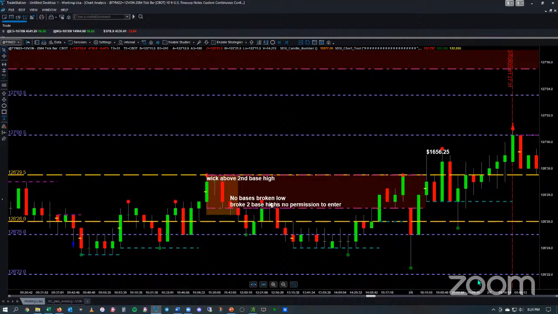And if you miss moving a trail stop in the middle of the night, that's the other thing we've got to understand. If we said, okay, we only want to manage this trade during our waking hours, so here's an 8 or 9 hour period where I'm not going to manage it, how does that look? Is that going to be a problem if you're not there moving the stop, or if you had permission to enter a supply band and you didn't take it, would you be leaving a lot of profit on the table?